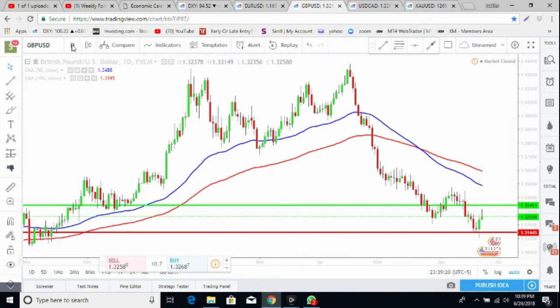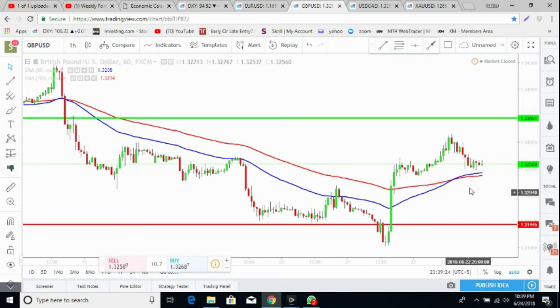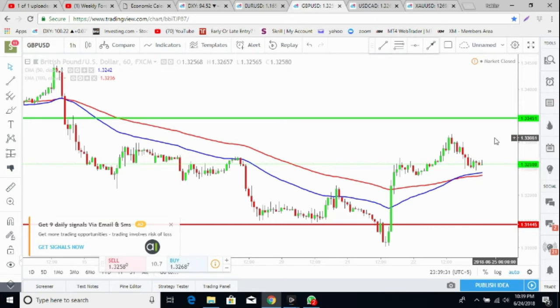We will confirm with the hourly time frame, and here it is. I think after touching the 150 moving average, it's supposed to bounce back again, though at the moment you don't have to enter, just wait for a confirmation candle and then you can take a buy trade.